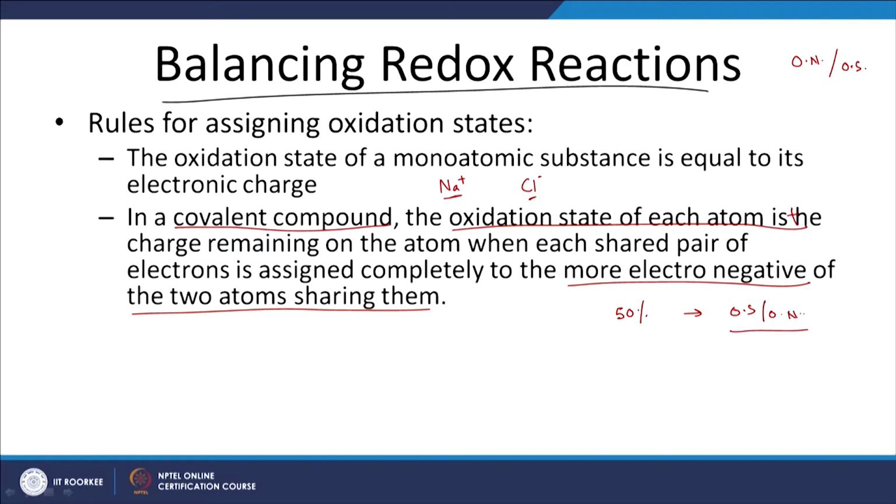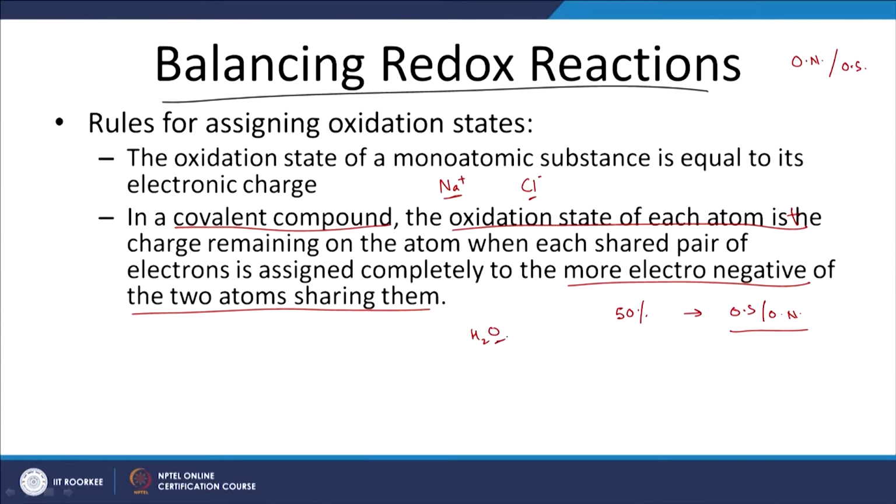So how can we go about that? The more electronegative atom will pull the electrons more towards itself. For example, you have H2O. Oxygen is the more electronegative atom, so it theoretically has more than 50% share of each of the electrons that it shares with the hydrogen. So if I let them dissociate, oxygen will have a -2 charge. Why is that?